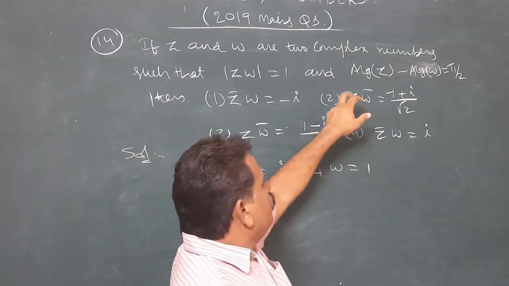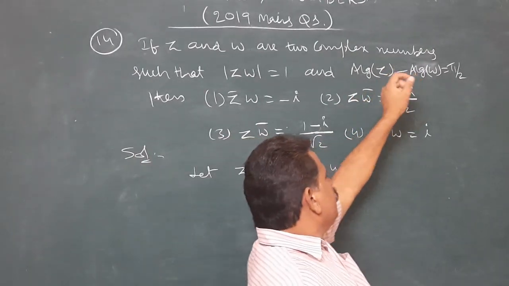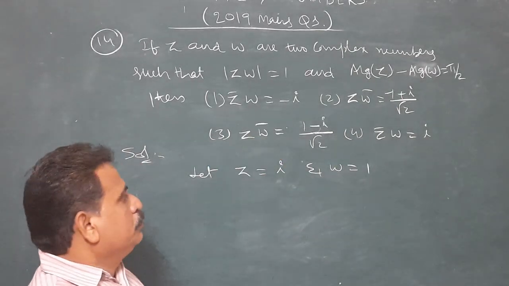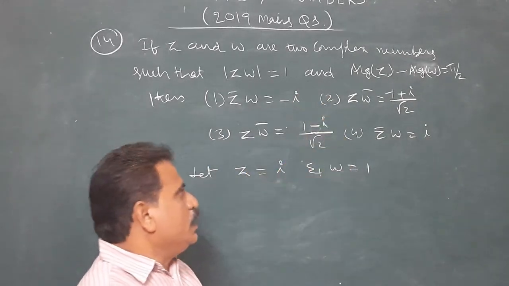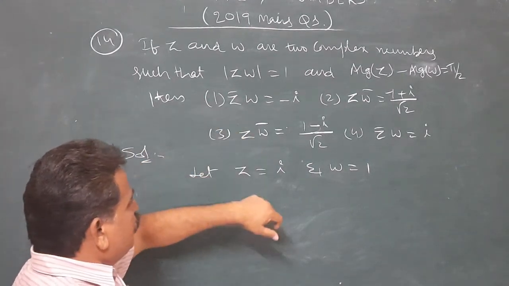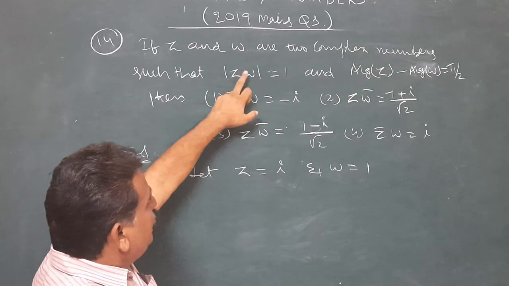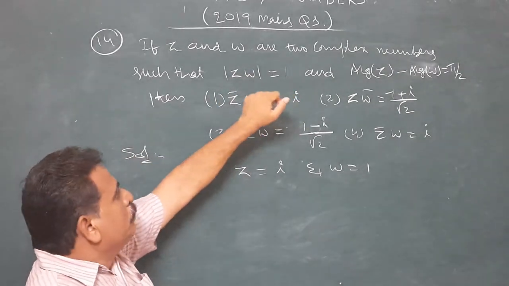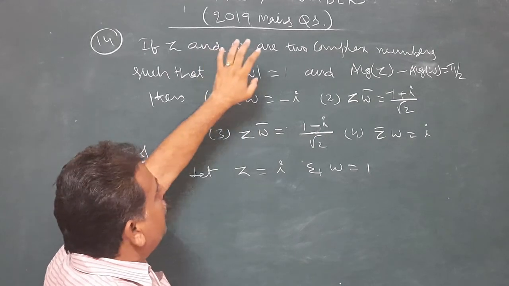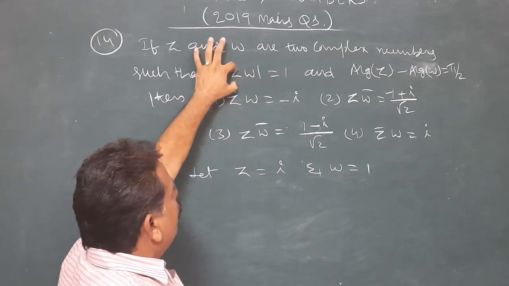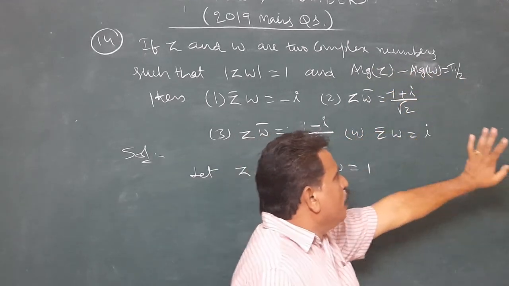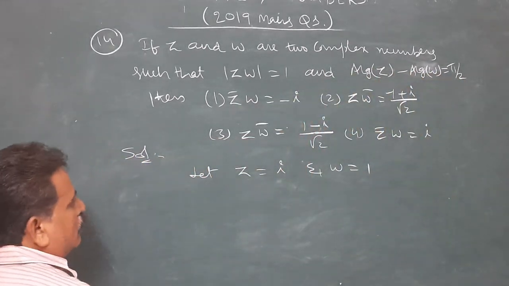So z and w satisfy that condition. i and 1 satisfy that condition. Now, i into 1, modulus is 1. I and 1 satisfy the given two conditions: mod zw equals 1, arg z minus arg w equals pi by 2.